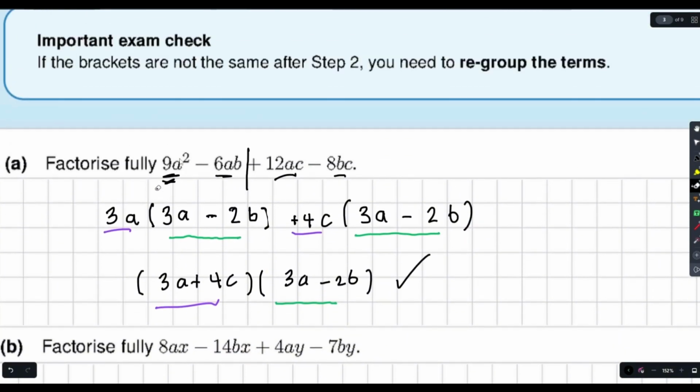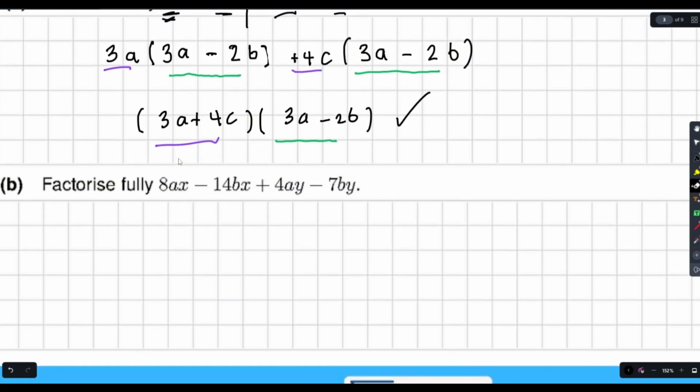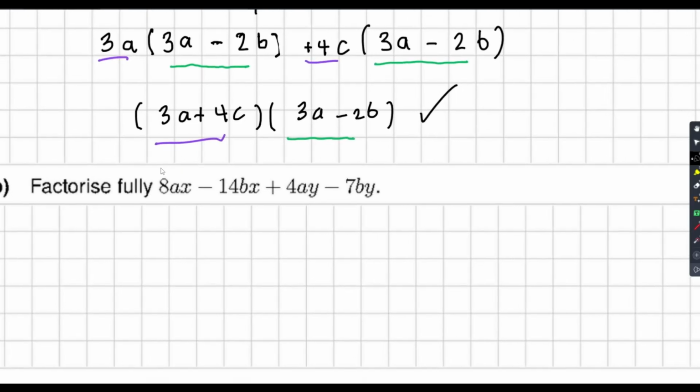So now, sometimes what we want to do is we want to reorder the terms. Okay, that was a nice starter question, but sometimes we want to pair two together with nicer pairs or nicer factors. For example, what we tend to do is we look at the numbers. So this 8 and this 4 here.